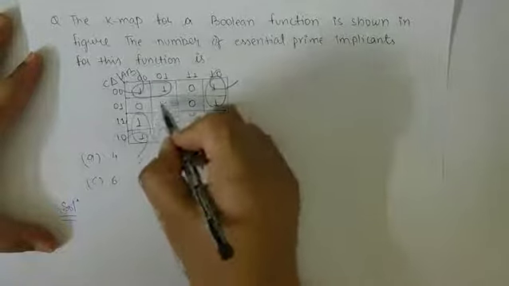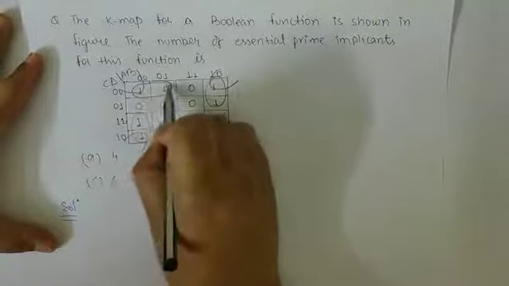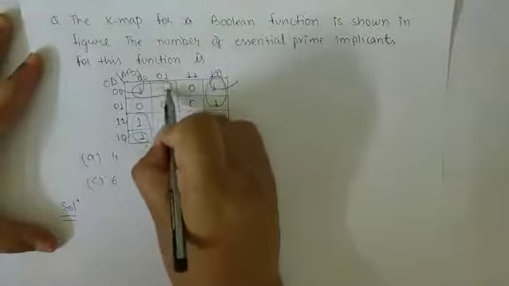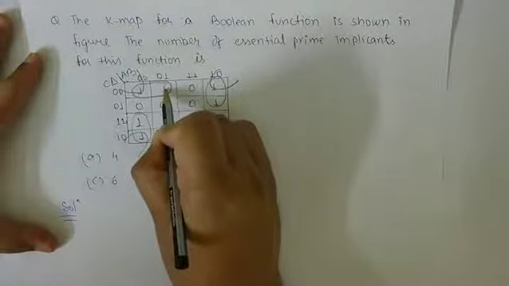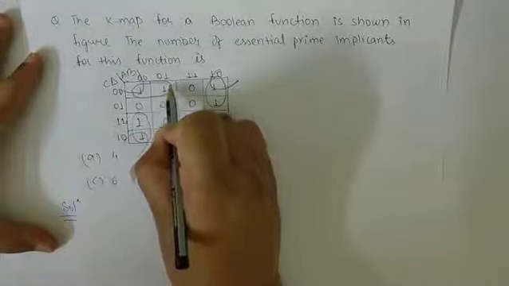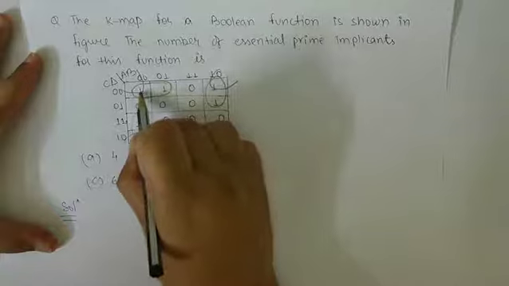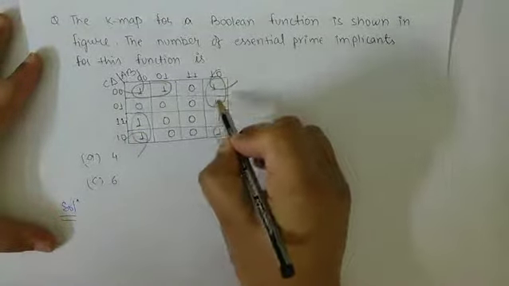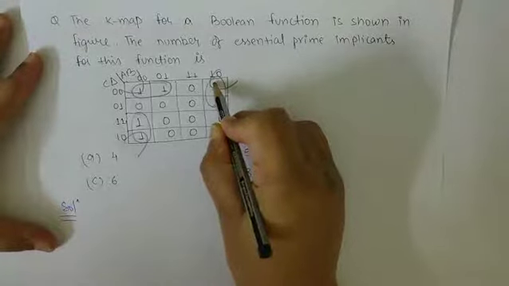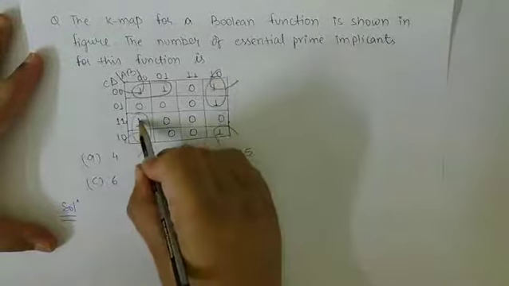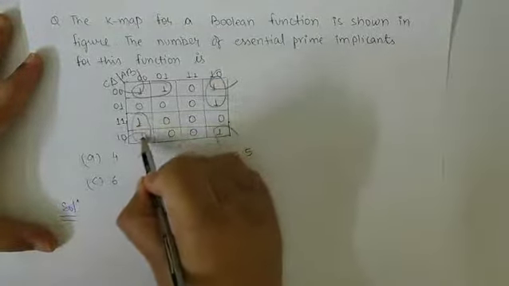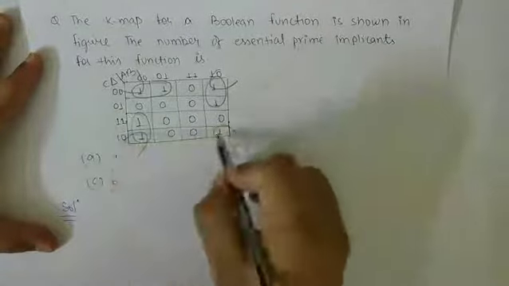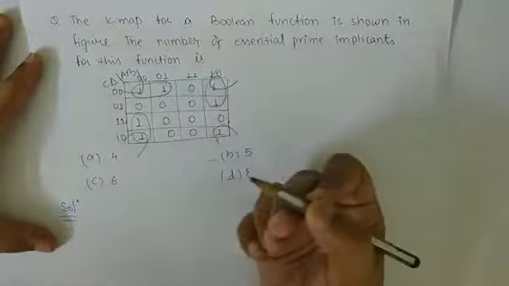If you see this grouping, in this grouping this minterm has only one option, that is to make grouping with this one. Here also this one has only one option to make grouping with this, and here also the same, and this one also is a unique grouping.